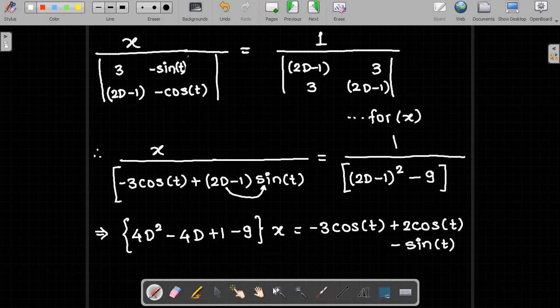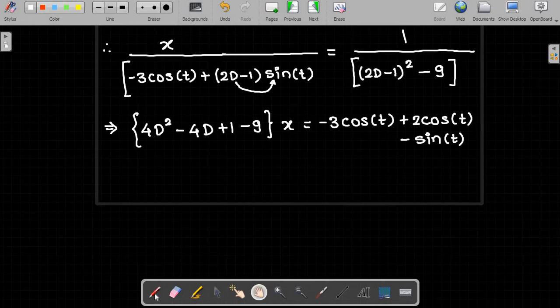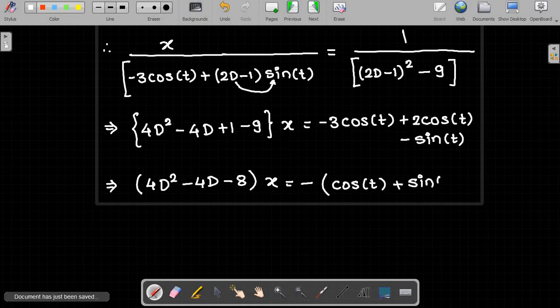If we simplify this, then we get 4D squared minus 4D minus 8 x is equal to minus times cos t plus sin t.